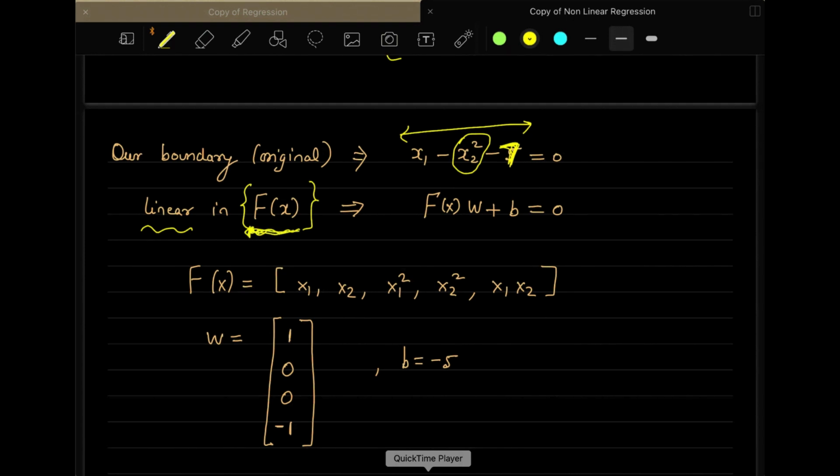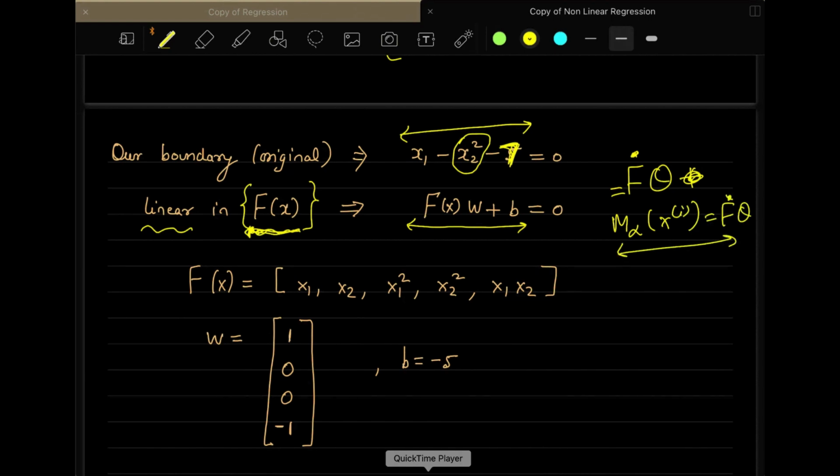If it is linear in F(x), you can write it like this. It is the same as we were writing earlier: for the model, we were writing it as f theta. If you go back to the lecture, you will find it. It's the same thing written now with capital F, and this F is now a transformed feature vector.